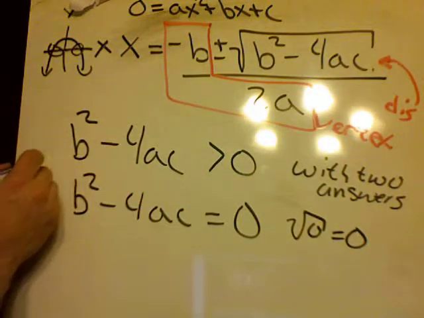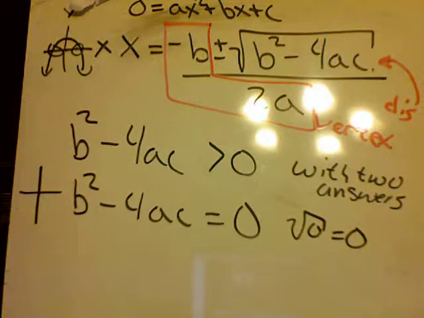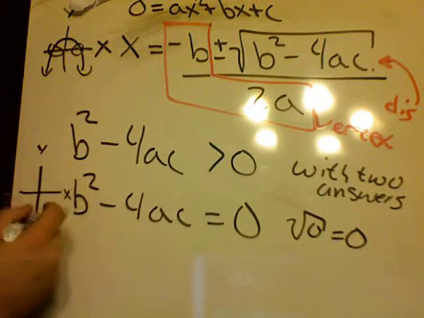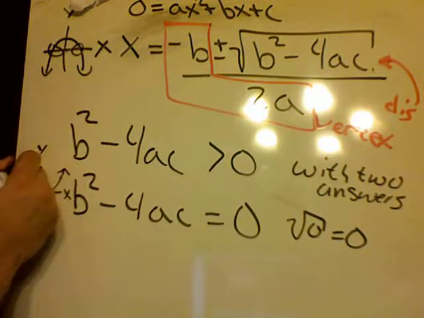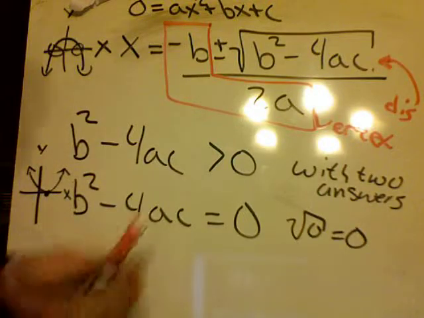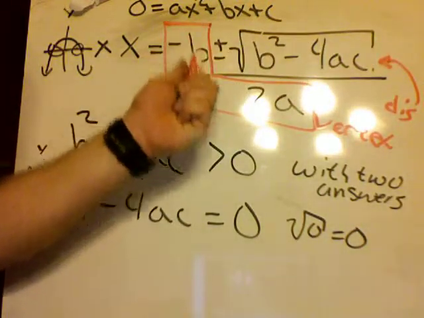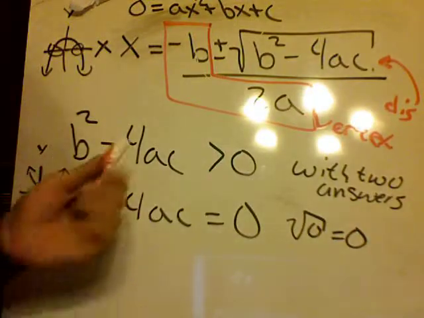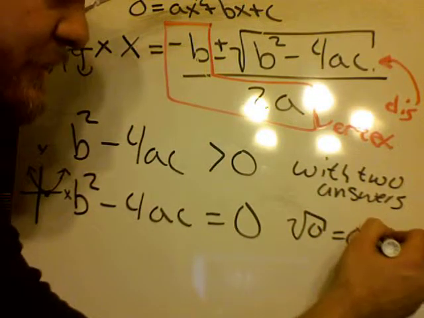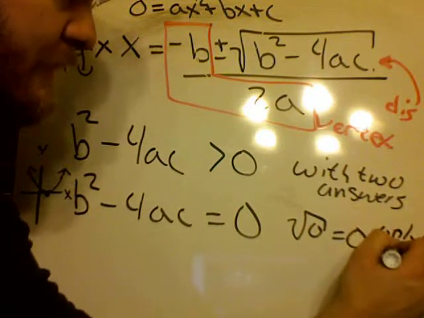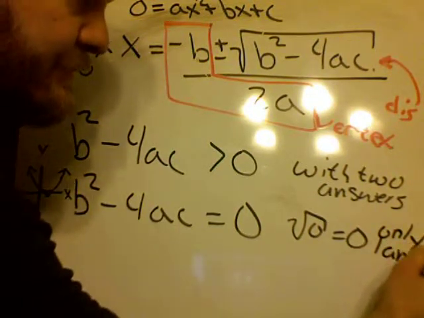So on our little graph here, there's only one solution. In other words, just the vertex is touching, because this part goes away. What are we left with? We're left with the vertex formula. So just the vertex is touching, and there's only one answer.